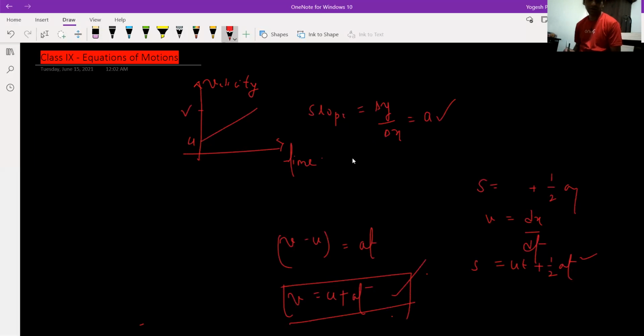Okay, now to calculate the slope, acceleration is equal to change in y-axis upon change in x-axis. Here the velocity is changing from u to v, and the time is changing from 0, and if you take it perpendicular from here, this will be time t.